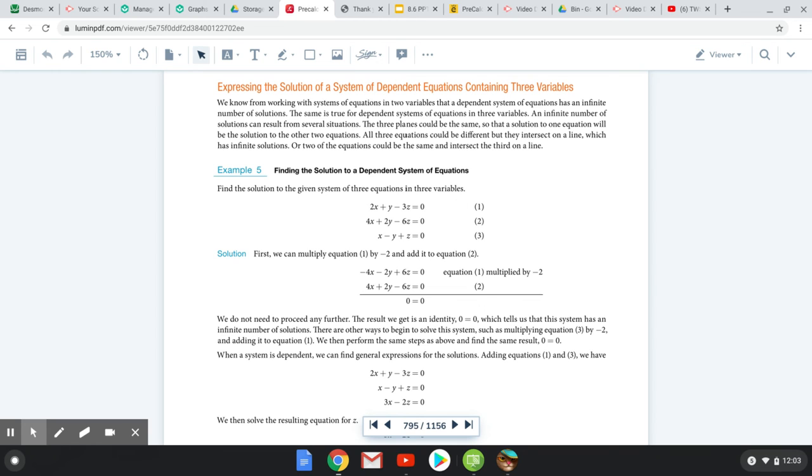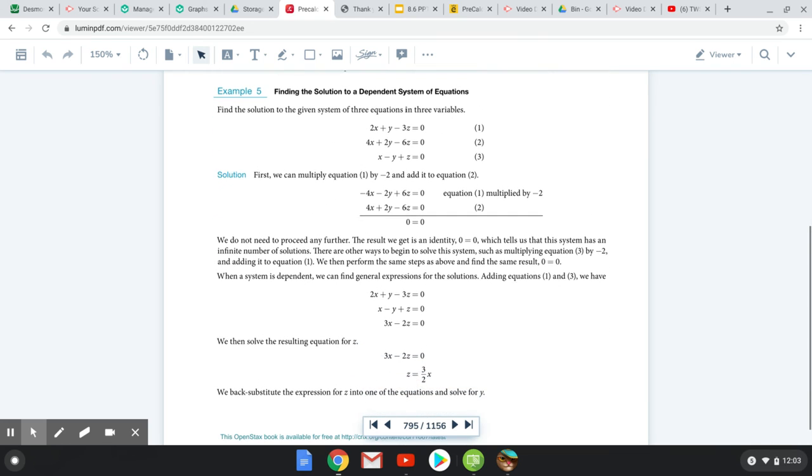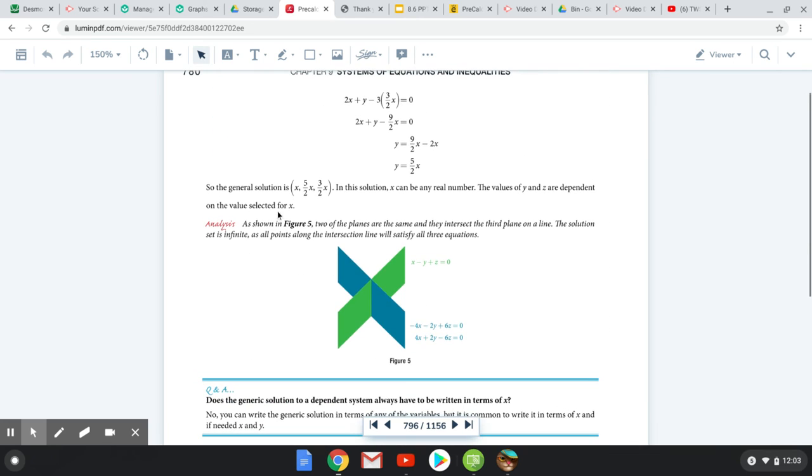So you can actually get a dependent solution, where you end up finding a solution where the other two variables are based on one of the variables. So in this situation, you weren't able to find out anything about x, but you were able to find y and z in terms of x.